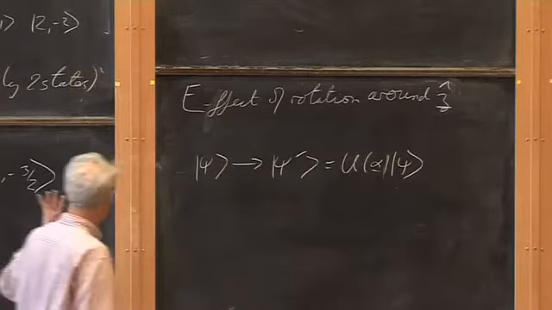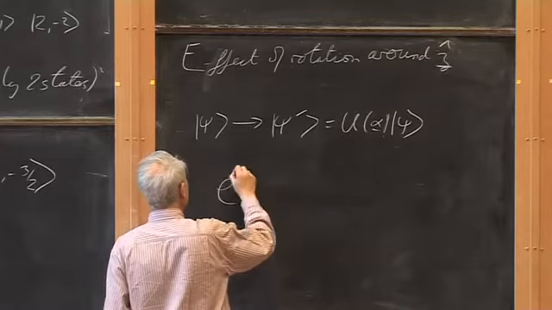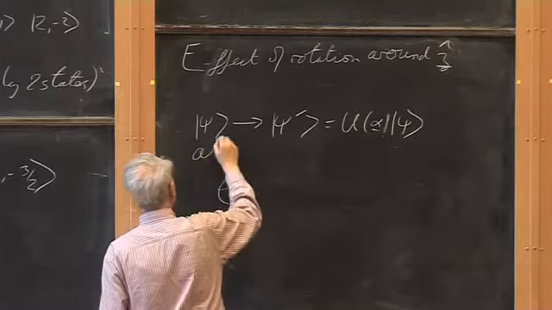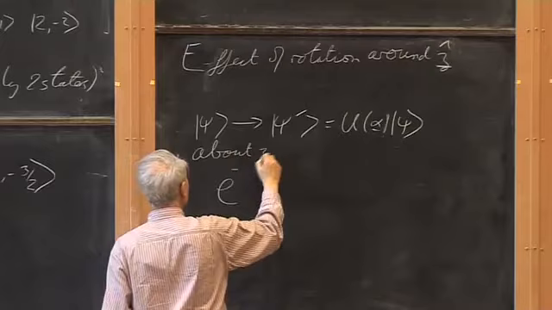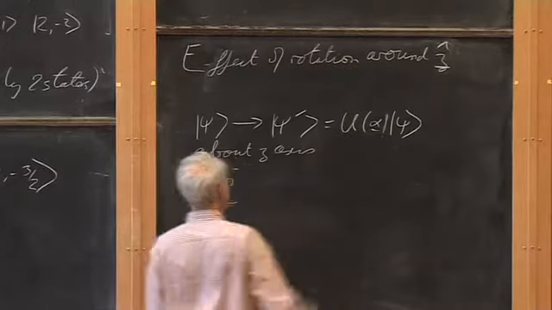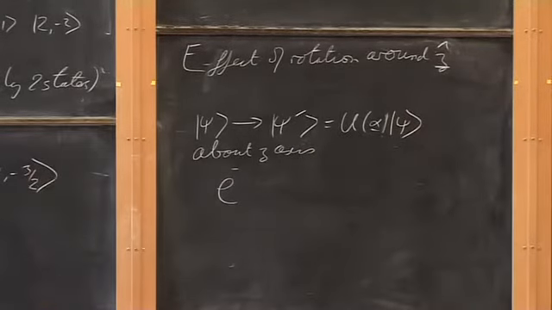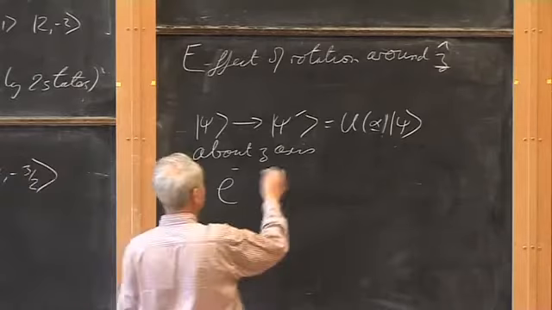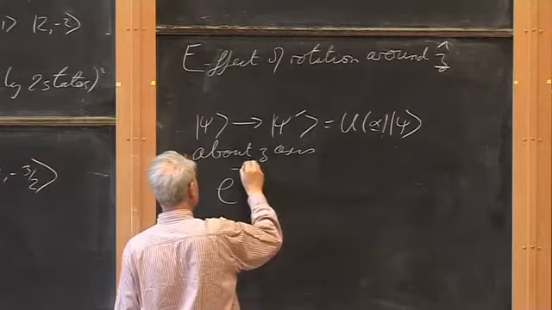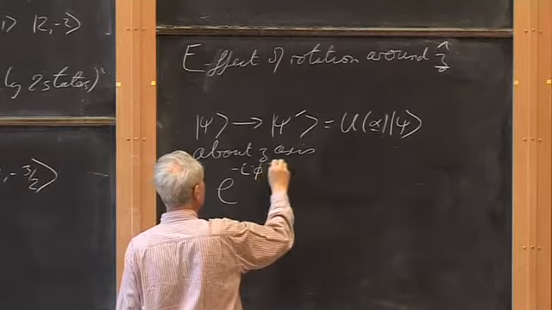So let's see what happens when we rotate a state of well-defined j and m, one of these eigenstates. If we go about the z-axis, then alpha only has a component in the z direction, with magnitude phi, so this becomes e to the minus i phi Jz, and let's use that on one of these jm states.